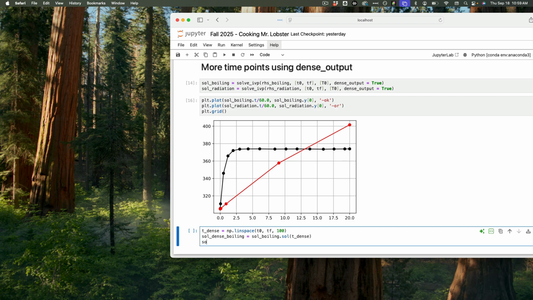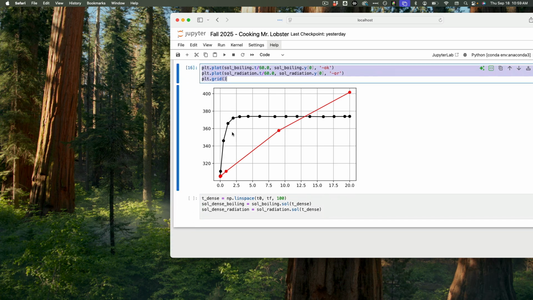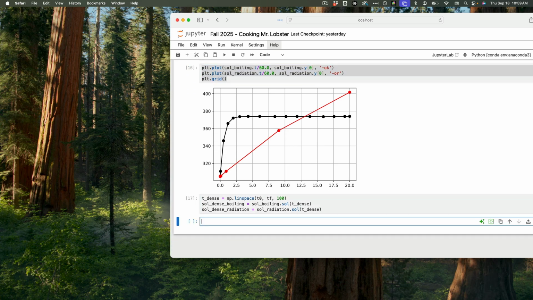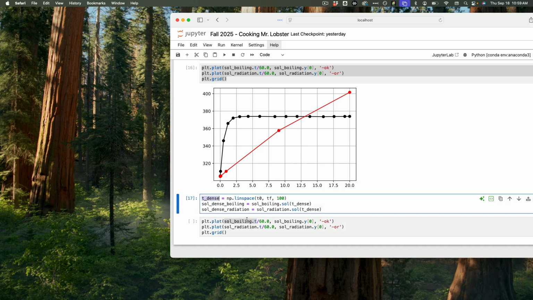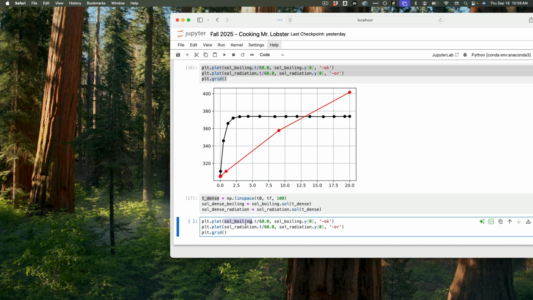And same thing for sol dense radiation. It's sol radiation dot sol at t dense. And now if I want to plot, now I'm plotting the dense solution versus the t dense array. Okay? Oops.